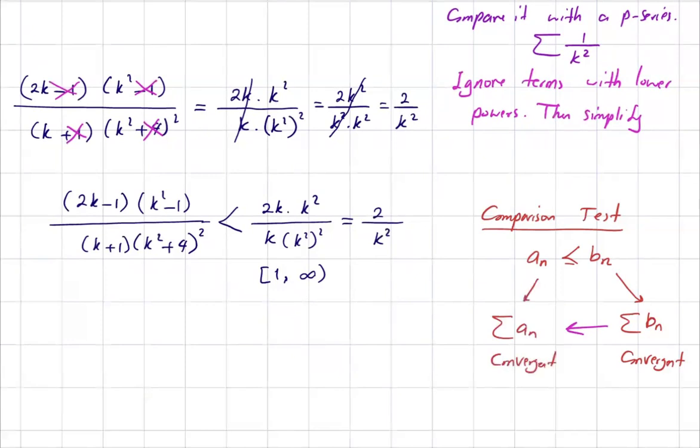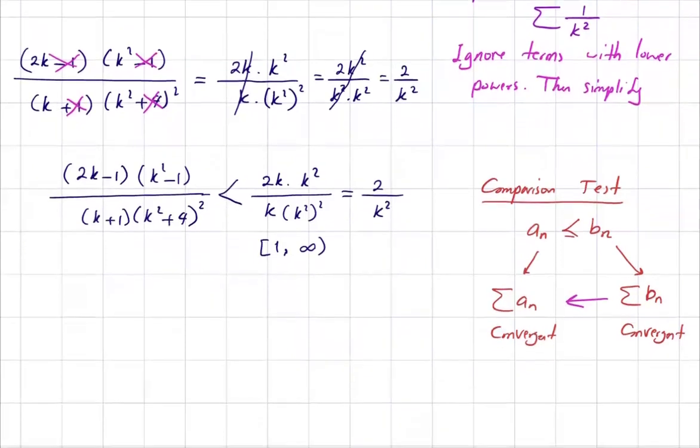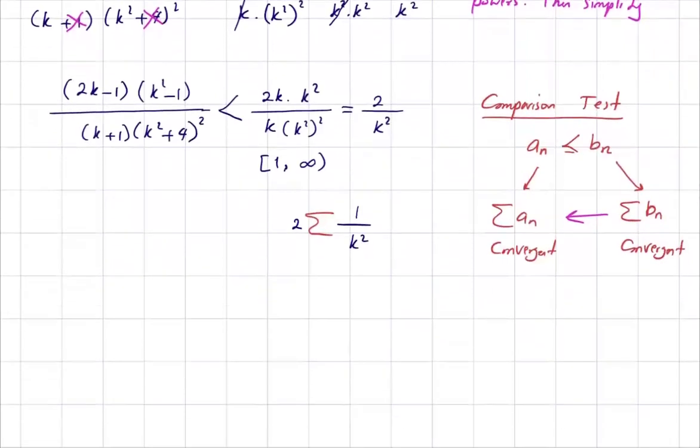So take a look. On the left-hand side, I have this series, original series. On the right-hand side, I have 2 times 1 over k squared, which is basically a p-series. So I can write it as 2 times 1 over k squared, which is a p-series, p is equal to 2.